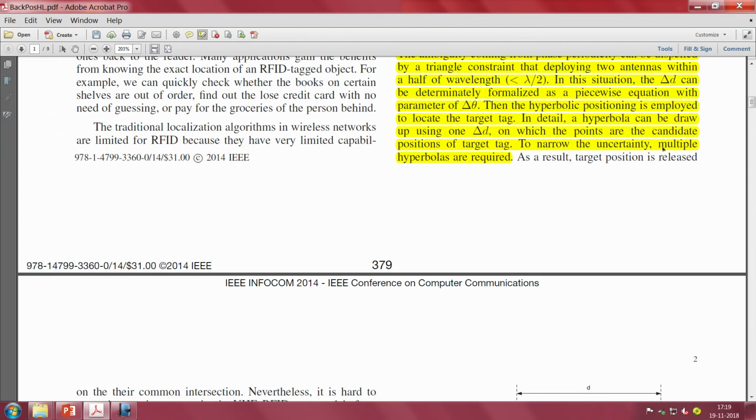So, you have to find a method to localize them. In other words, to narrow the uncertainty, you will not only need multiple hyperbolas, but you will also need a good way to arrive at what would have been the actual intersection of all these hyperbolas.